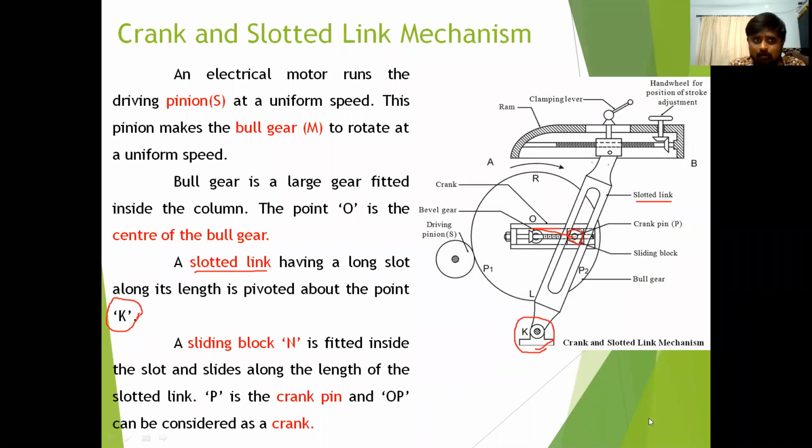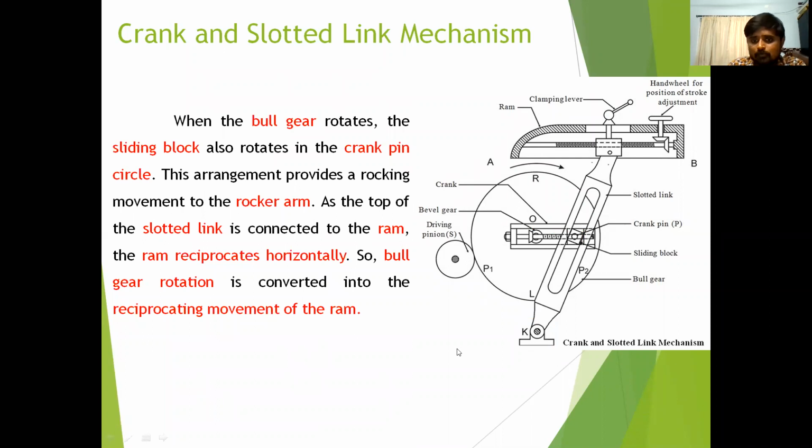Now we will see how it operates. When the driving pinion rotates, automatically the bull gear is going to rotate. When the bull gear rotates, the sliding block also rotates in the crank pin circle.